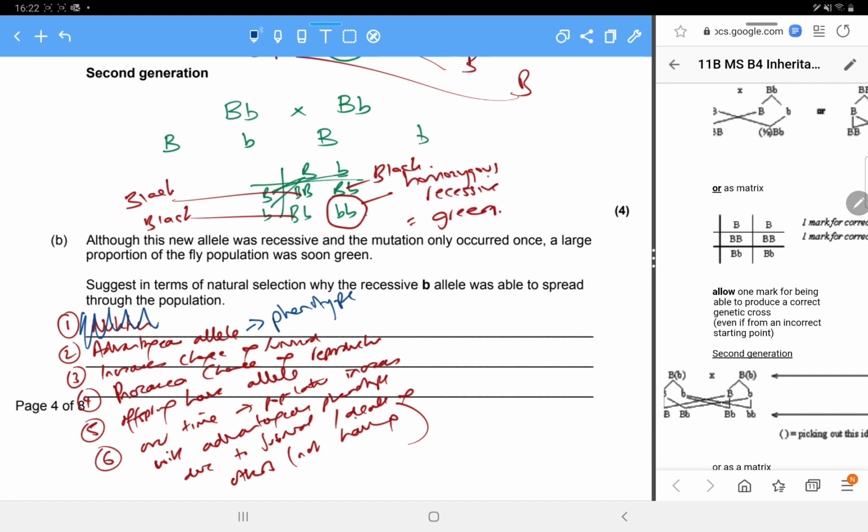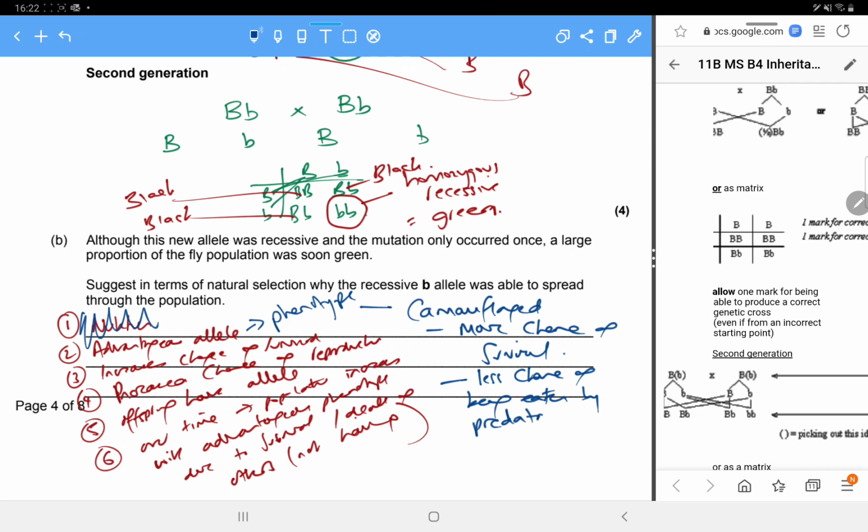So there's an advantageous phenotype, which is the green, which is camouflaged, okay, which would mean more chance of survival due to less chance of being eaten by predators.